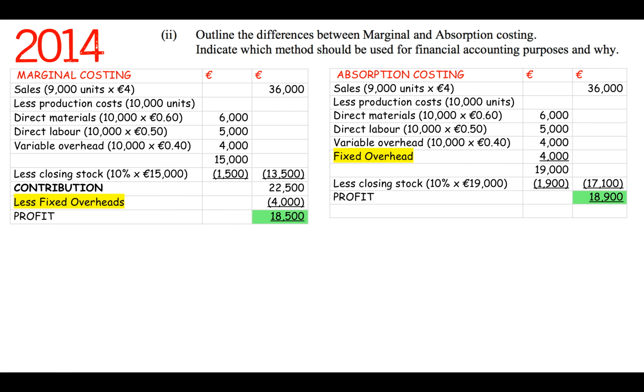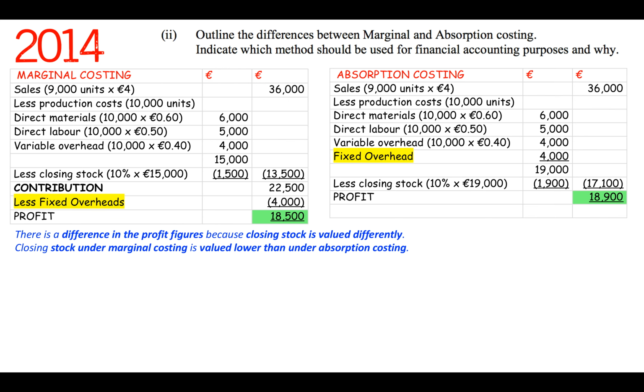Part 2 of that is saying outline the differences between marginal and absorption costing and indicate which method should be used for financial accounting purposes and why. So let's have a look. There's a difference in the profit figures because closing stock is valued differently.